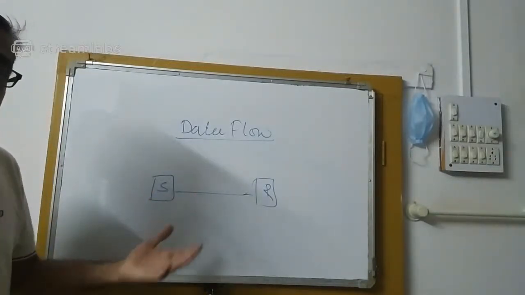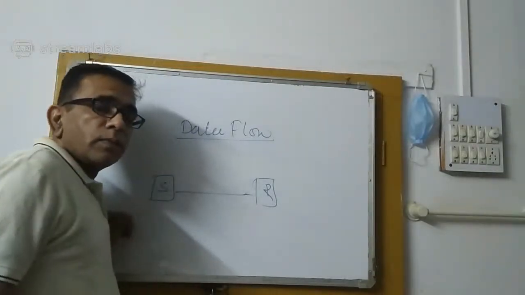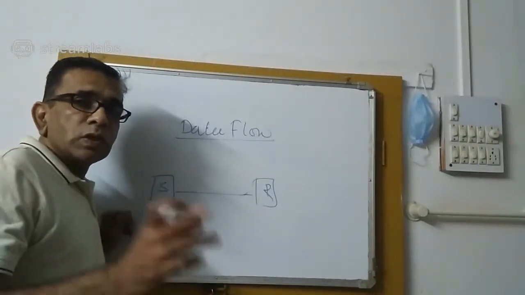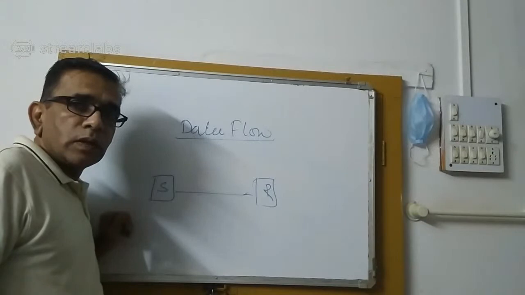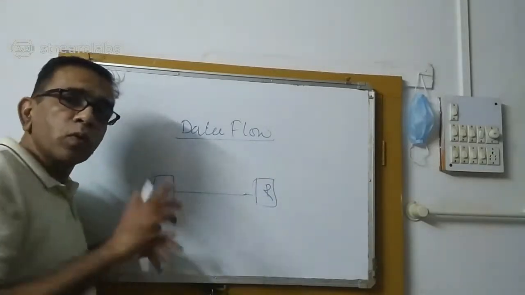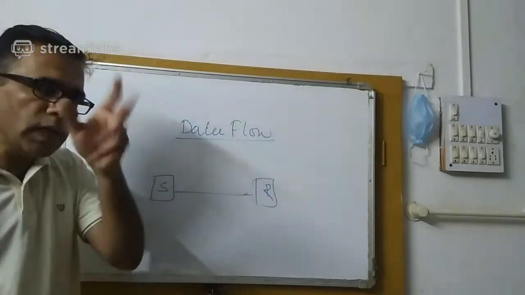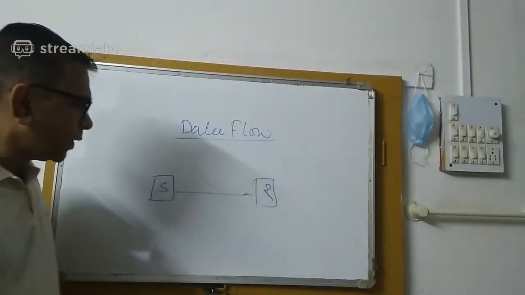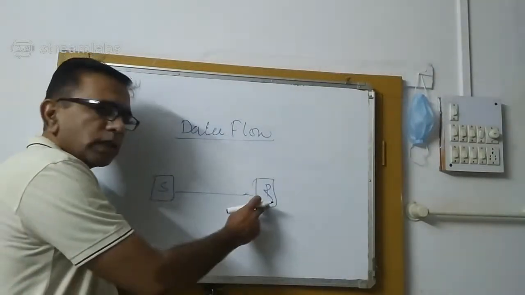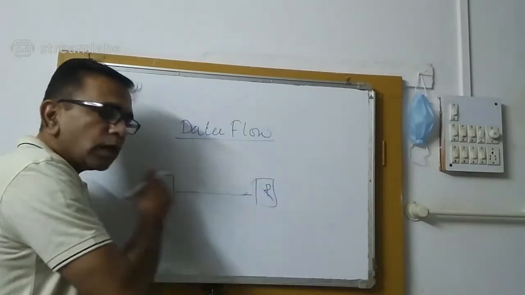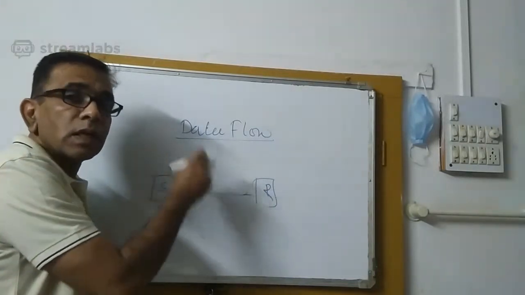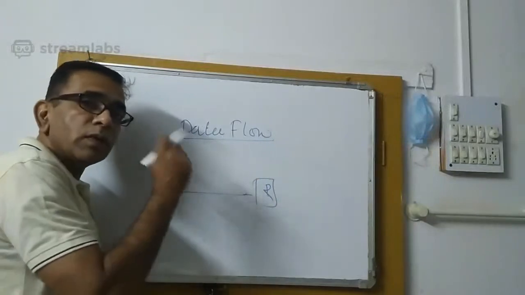Sometimes we use applications of the type Skype, which is video telephony, where sender and receiver both exchange data. Whereas in a client server environment, the sender requests and the server replies back to the request.